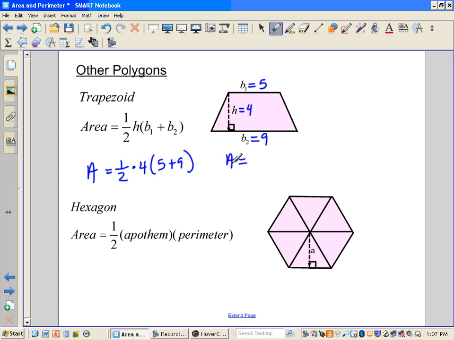So the area is going to be 5 plus 9, 1/2 times 4 times 14. Well, half of 4 is 2. 2 times 14, so the area is 28 units squared.